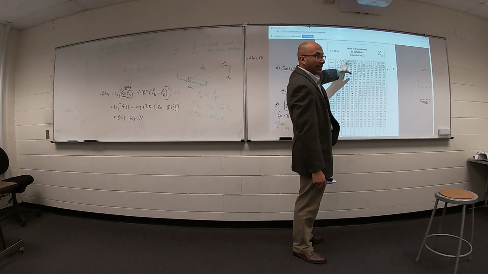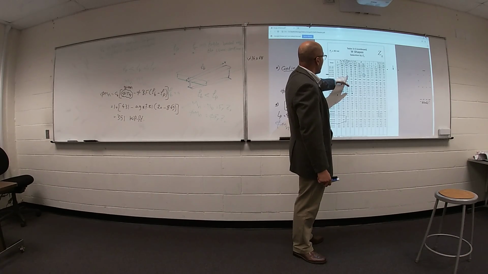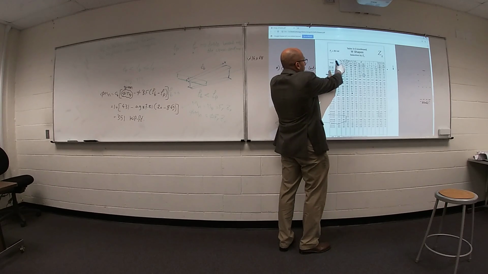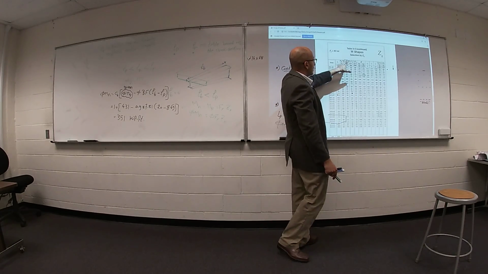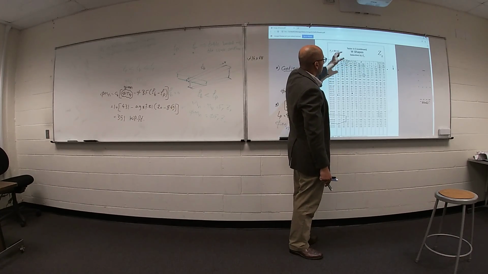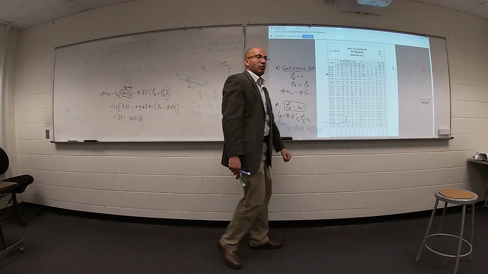Phi M plastic. So this value 431, not M plastic only. If you would like to get your M plastic only, use your ZX times FY. But this term, phi M plastic, both of them multiplied together give you 431.